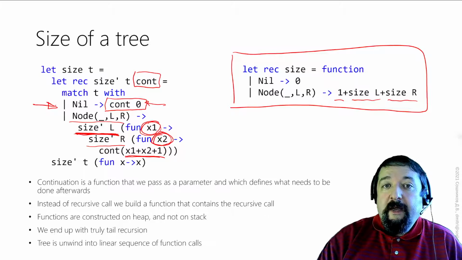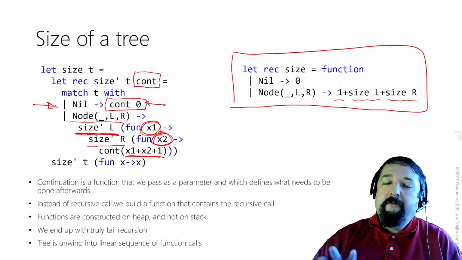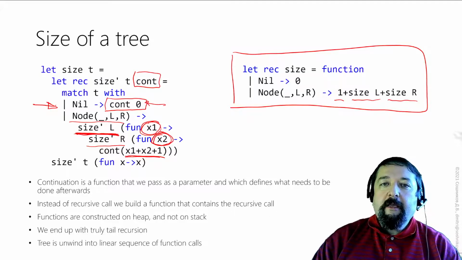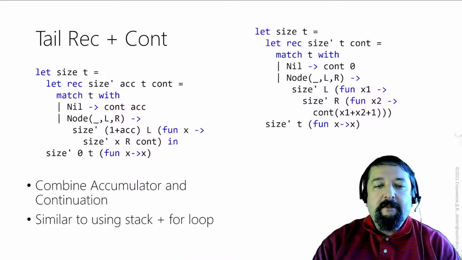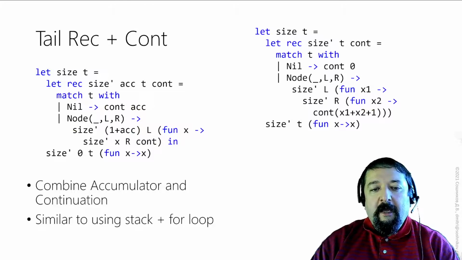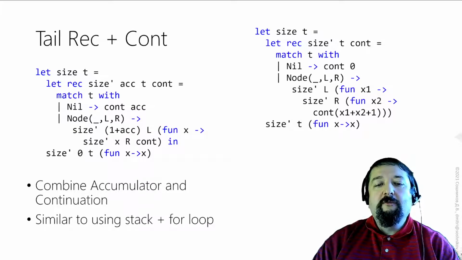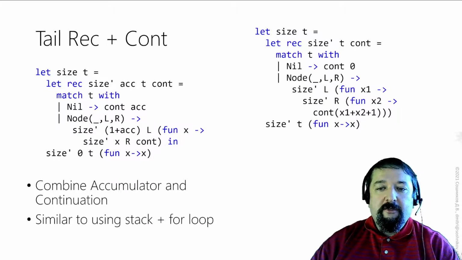You can simplify that even further, because you can note that I have a left and right subtree, and I can kind of use an accumulator as well. So I can combine accumulator and tail recursion, accumulator and continuation, and use continuation only when I compute something along only one direction.